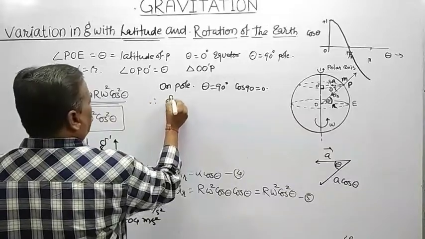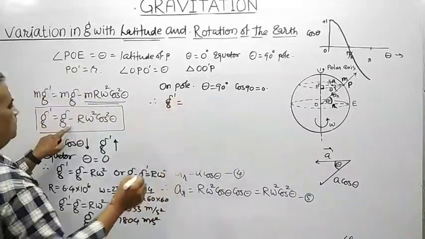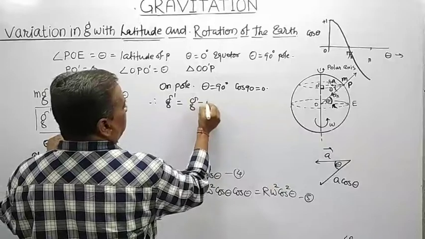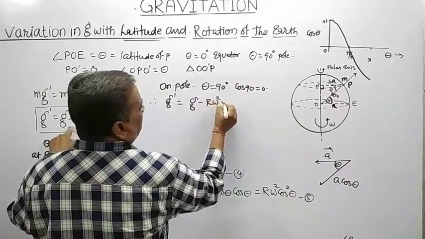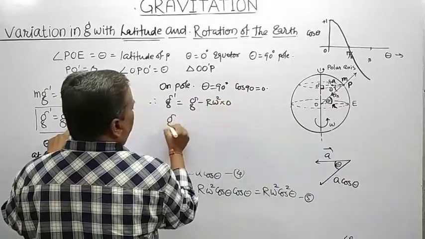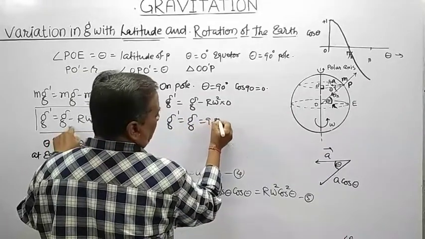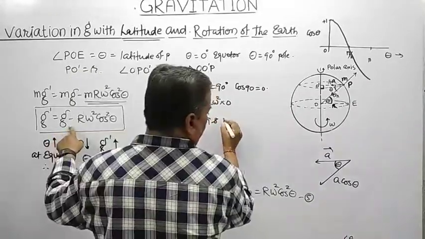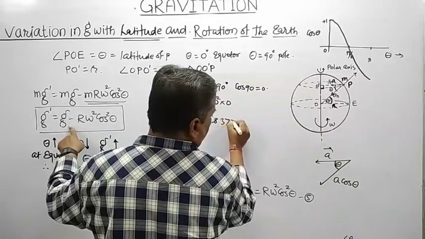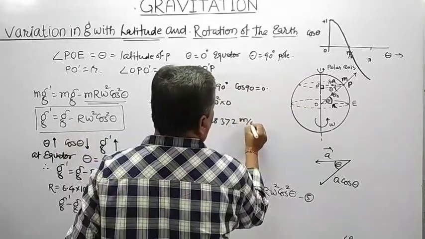Therefore, g dash is equal to g minus r omega square into 0, or g dash is equal to g, equal to 9.8372 meter per second square.